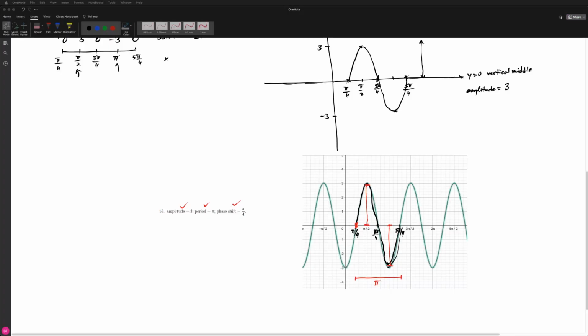Alternatively, let me find those formulas. Well, I guess I can just write them here.